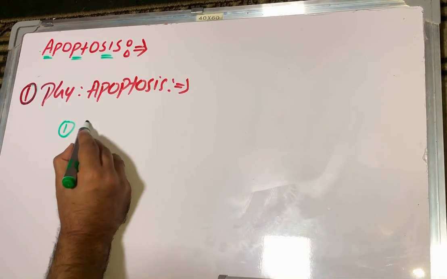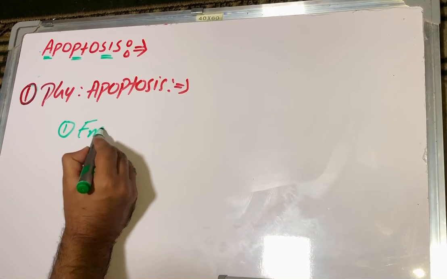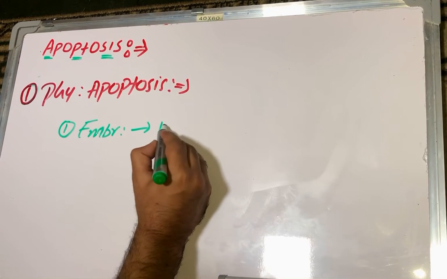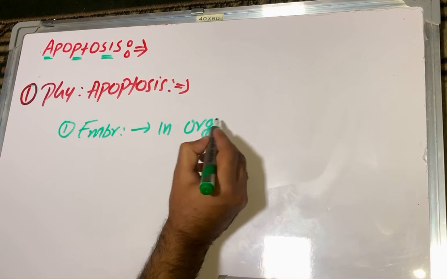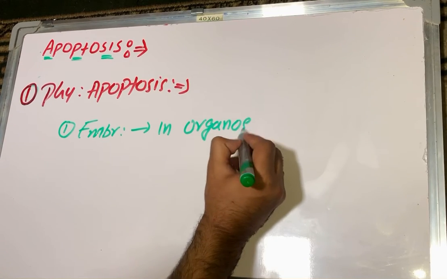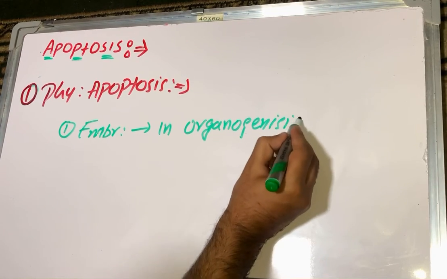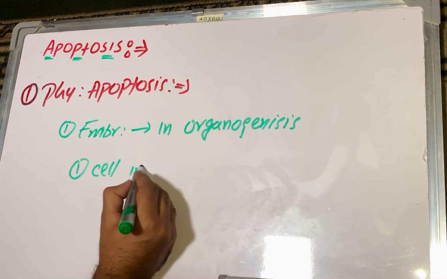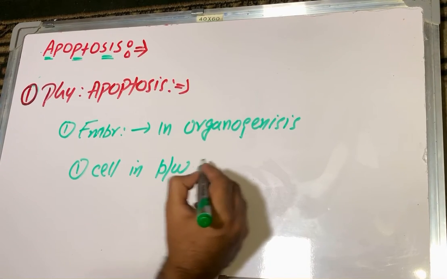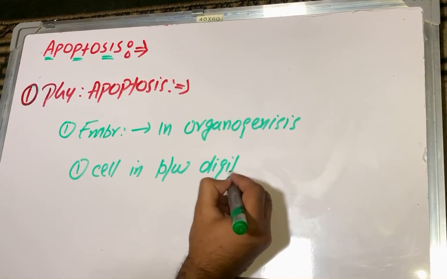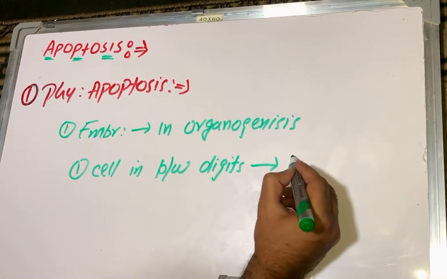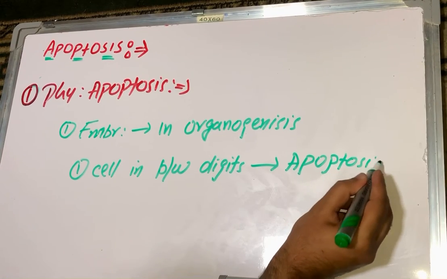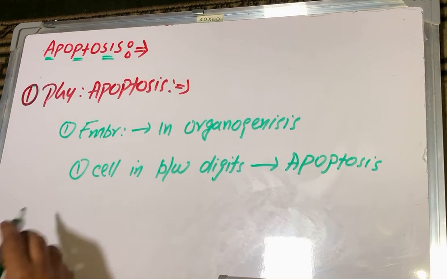If we look embryologically, in organogenesis, number first, the cells in between the digits undergo apoptosis.